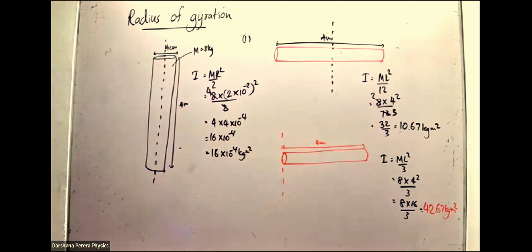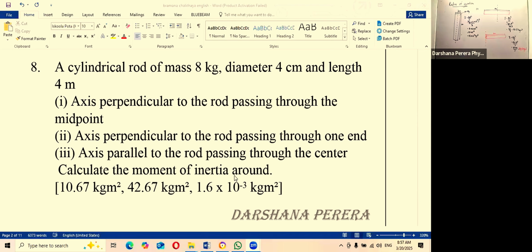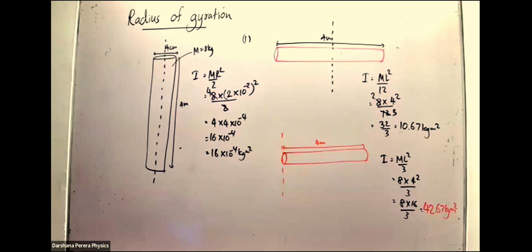That means 1.6 into 10 to the power minus 3. I think it is clear.